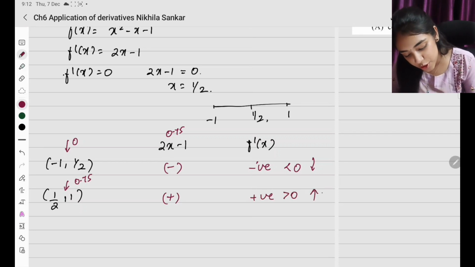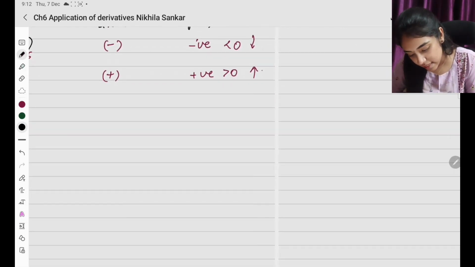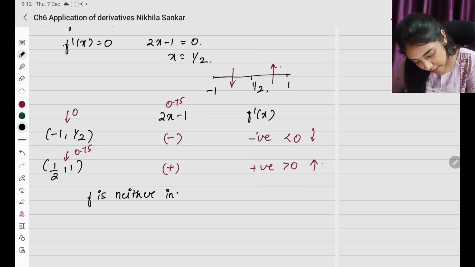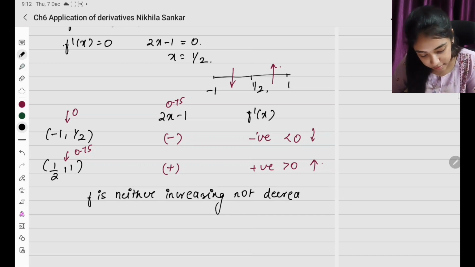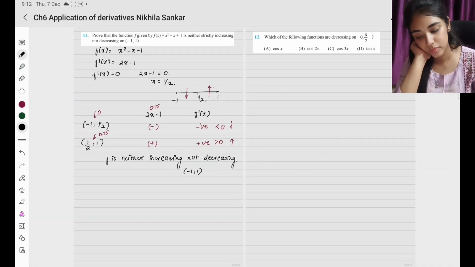So it is going to be decreasing here and it is going to be increasing here. So since it's increasing and decreasing, the function is neither increasing nor decreasing. F is neither increasing nor decreasing in minus 1 and 1. Okay, please copy.